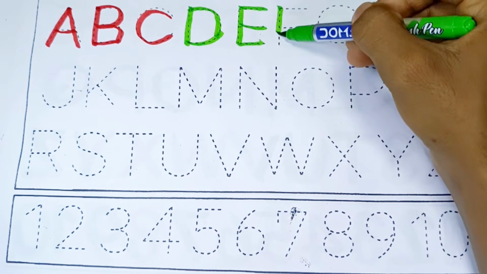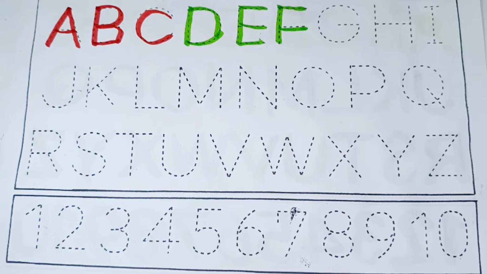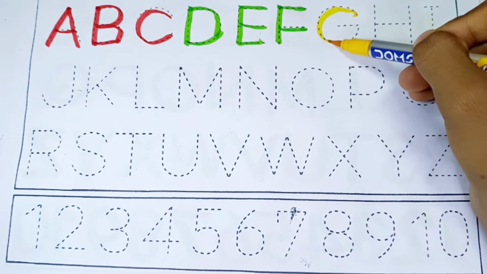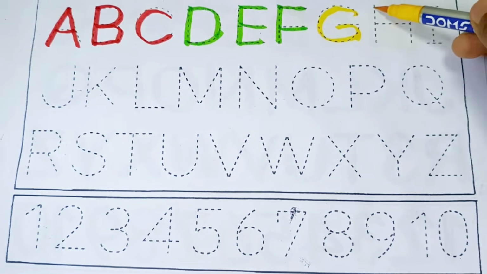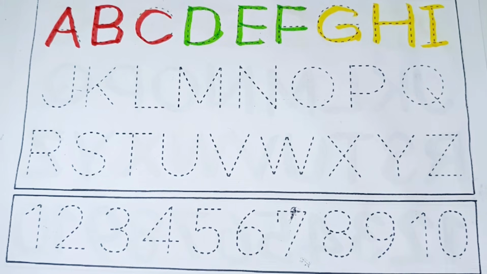E for elephant. F for fish. Kids, now you draw G. G for goat. H for helicopter. I for ice cream.